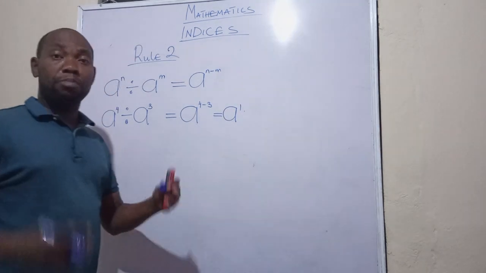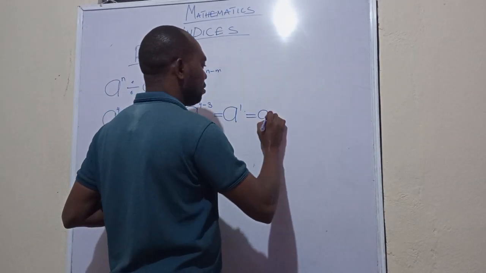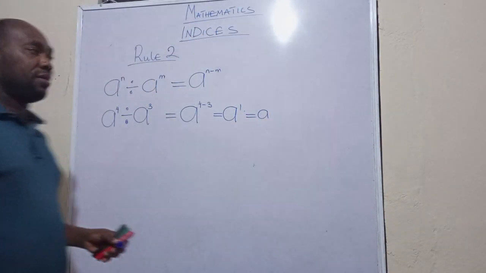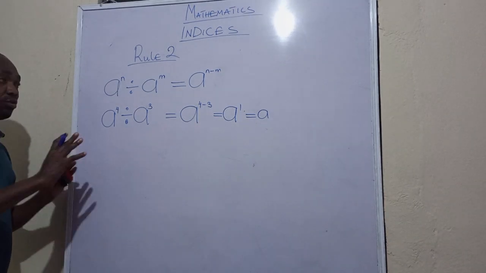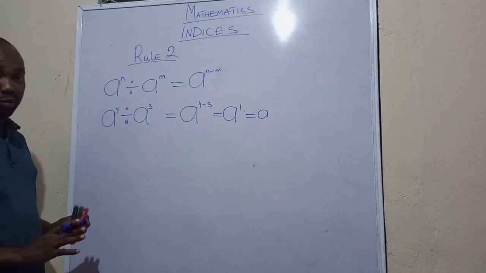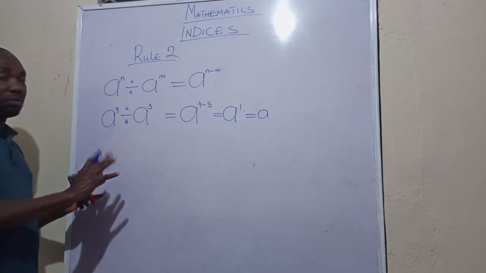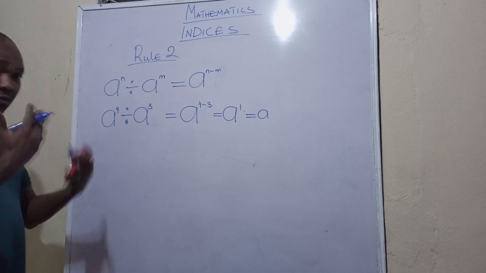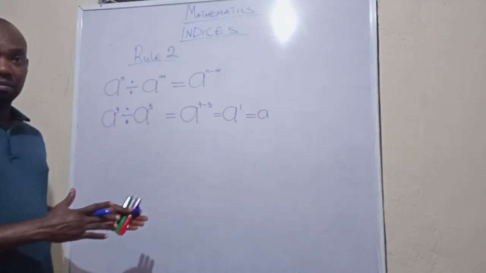But a raised to the power of 1 is a. So we have it as a. And this is very simple, and I know you understand this particular principle. But this is not what I'm really concerned about. I just want to use this to refresh your memory.